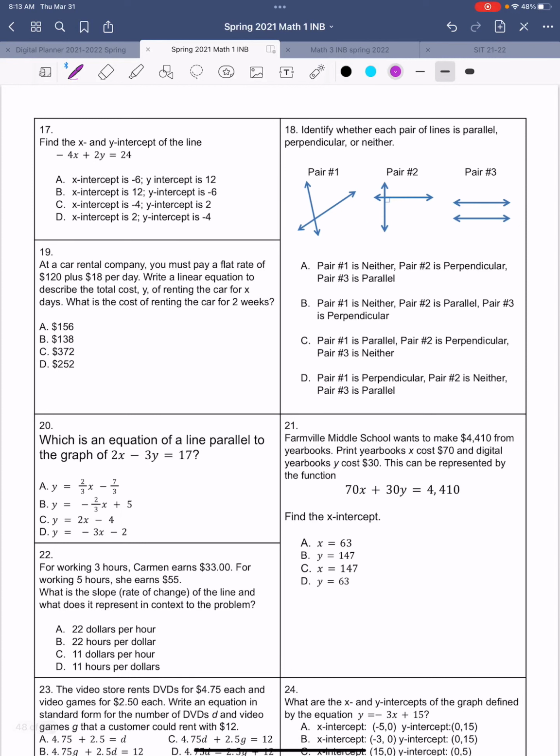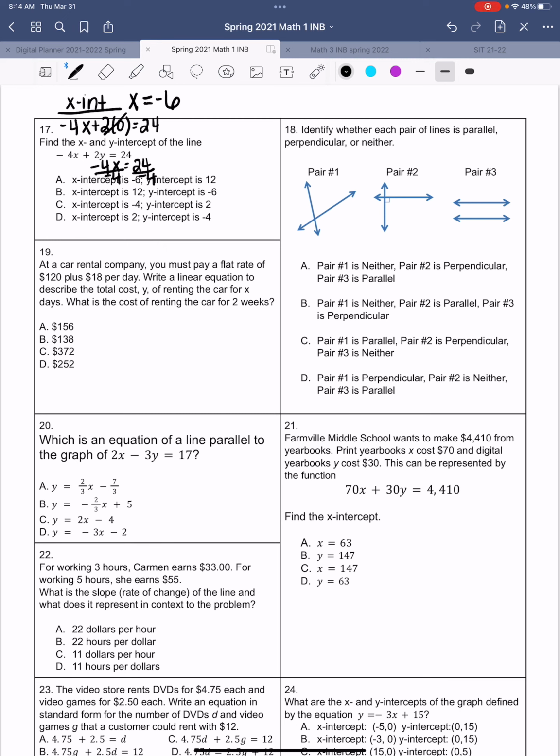So number 17, we're trying to find the x and y-intercept. Remember, to find the x-intercept, we're going to plug in 0 for y. So for my x-intercept, we're going to say negative 4x plus 2 times 0 equals 24. Those cancel, so I have negative 4x equals 24, and then I'm going to divide by negative 4, and my x-intercept is at negative 6.